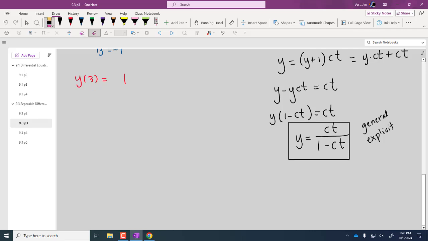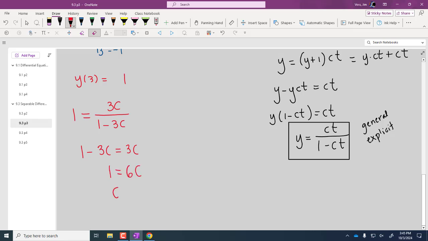Plug in 3 for t and 1 for y. So we have 1 equals 3c over 1 minus 3c. So that gives us 1 minus 3c is equal to 3c. So that gives us 1 is equal to 6c.